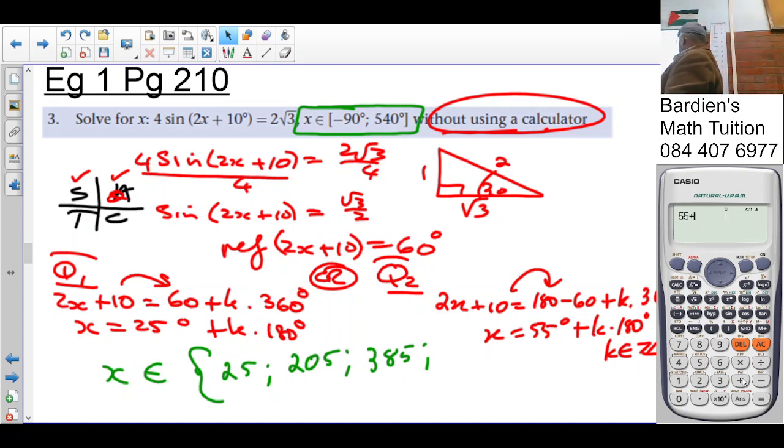55 plus k times 180. If we put 0 in here, definitely 55 is inside. If I put 1 times 180, 235 is inside.